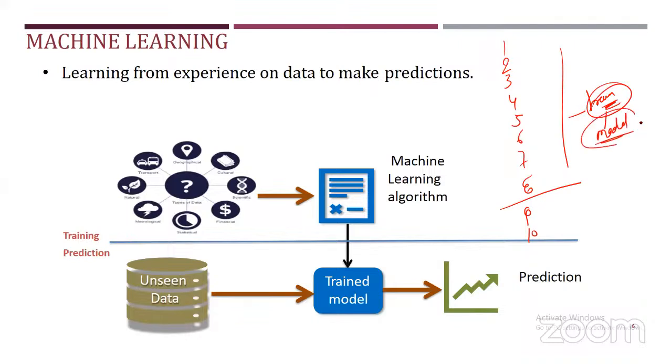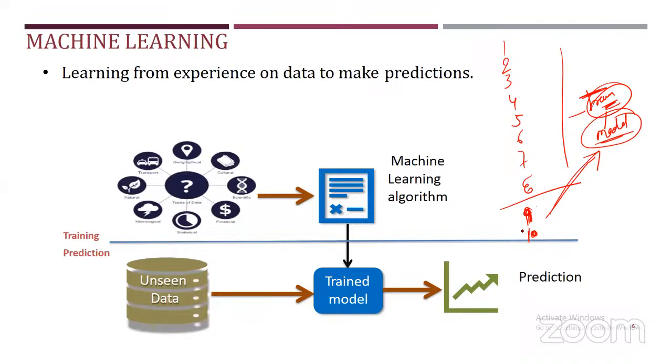Then we are going to test how it is going to work on the training data to check that yes, it is working correctly. If you are satisfied, we are going to deploy that model. When you deploy it, I will be testing on unseen data, because I have trained it on 1 to 8. I haven't trained it on 9 and 10, but I want to test how it's going to work if I have not trained my model on 9 and 10.